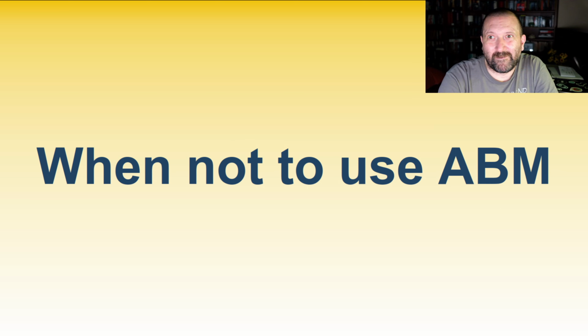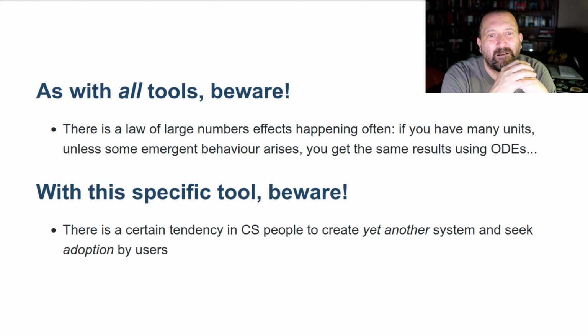There's also, in keeping with Fred Brower's, when you learn to use a hammer, every problem starts to look like a nail. There are cases where I think ABMs are not necessarily super useful.